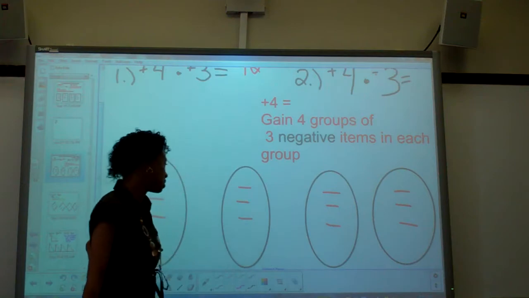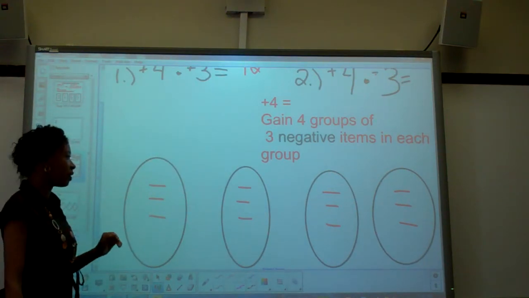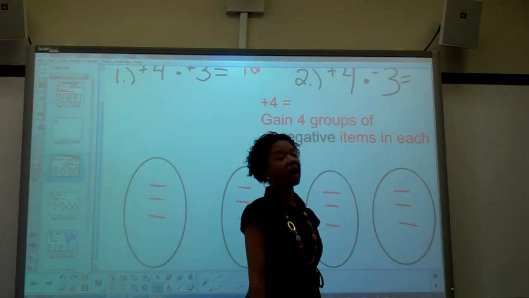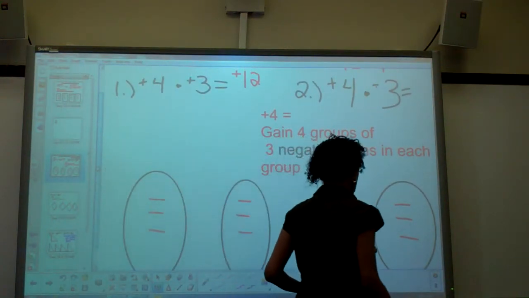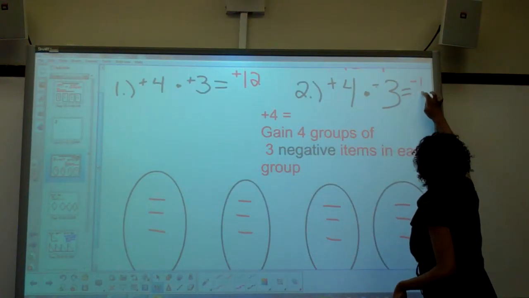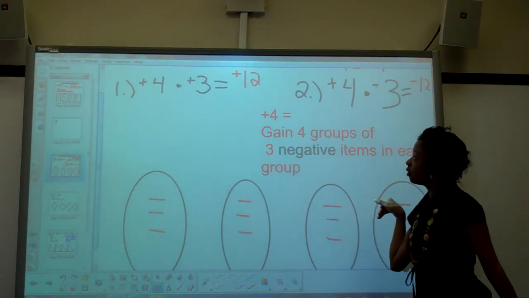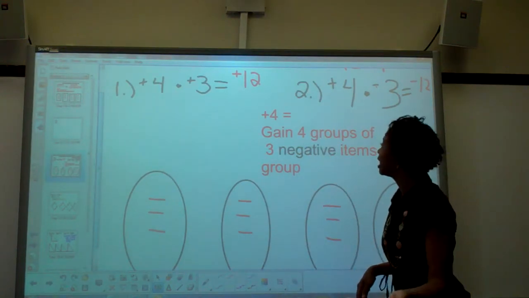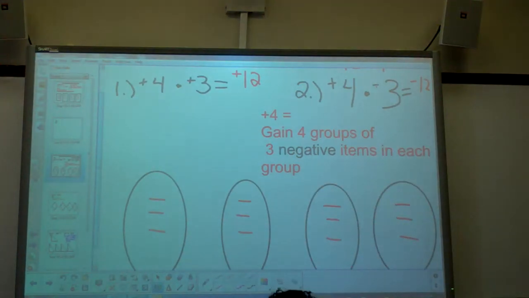Final answer should be in the same charge, and it is. In each of the 4 groups, there are 3 negative items for a total of 3, 6, 9, 12 negative items. So positive 4 times a negative 3 is going to be a negative 12. We've gotten or gained 4 groups, and in each group, we got 3 negative items. So we have a negative 12.